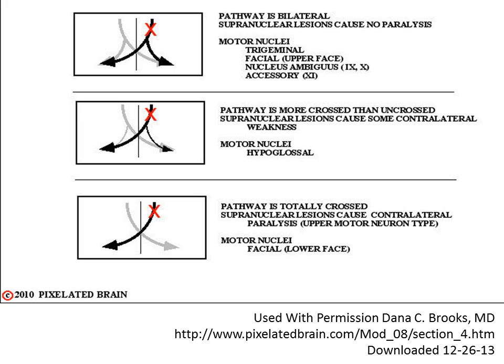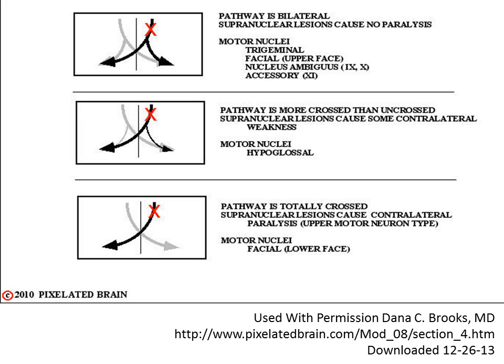This part of the facial nucleus only gets unilateral innervation from the upper motor neurons. So the upper motor neurons, the corticobulbar neurons coming from the left cerebral hemisphere, only go to the facial nucleus on the right side of the brainstem. The gray coming from the right cerebral hemisphere only goes to the facial nerve nucleus that's in the left side of the brainstem.